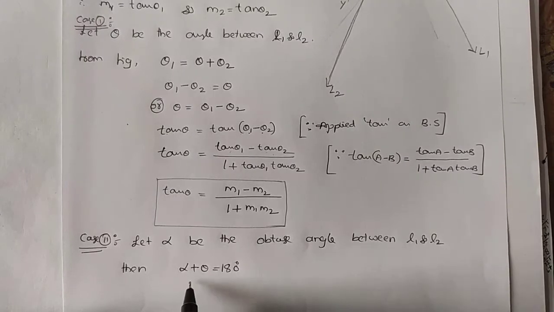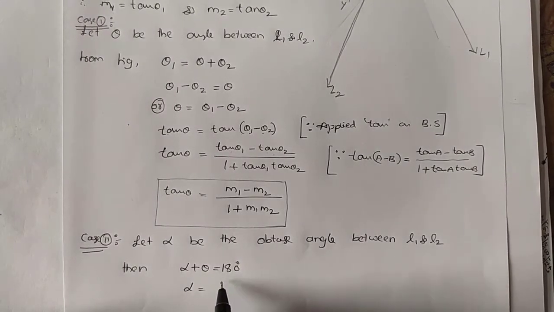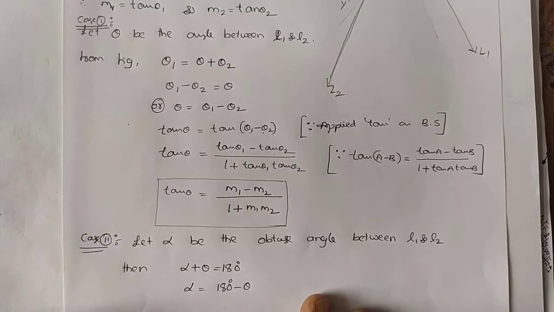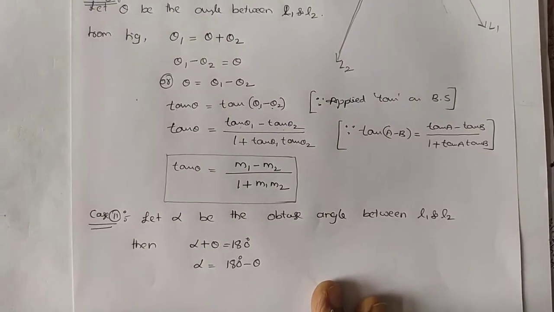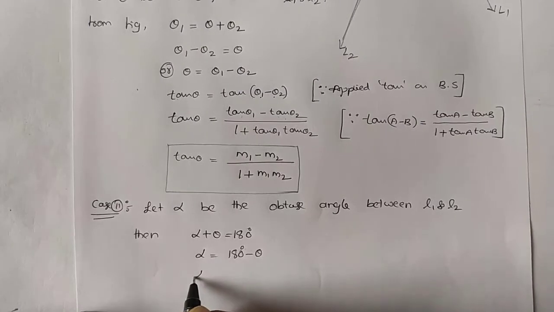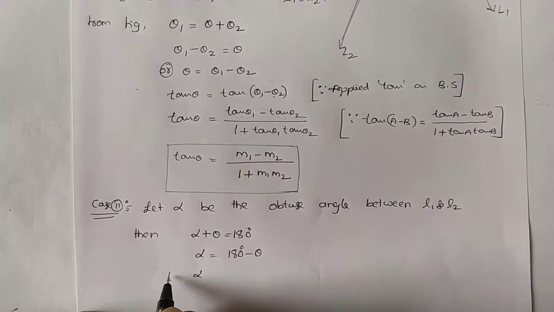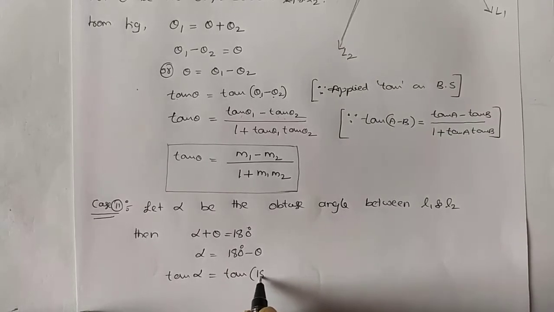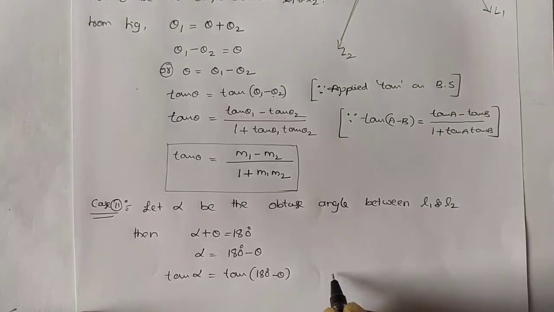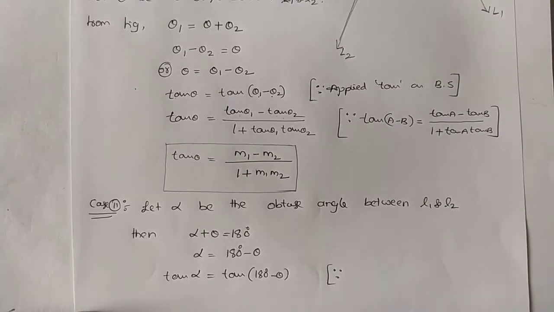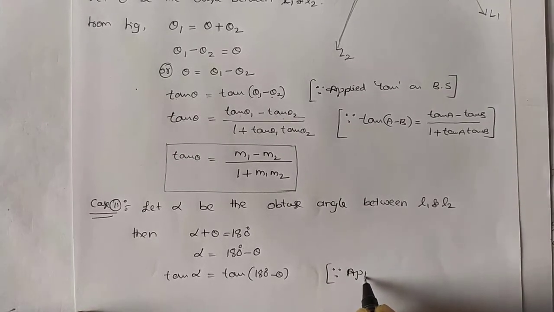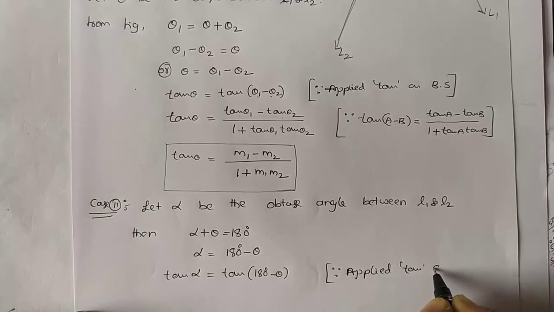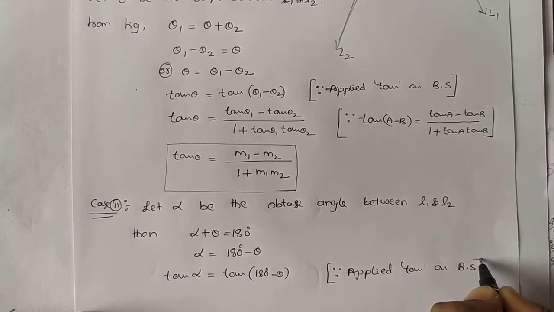Now alpha equals 180 degrees minus theta. Apply tan on both sides, then tan alpha equals tan of 180 degrees minus theta. Here we applied tan on both sides.